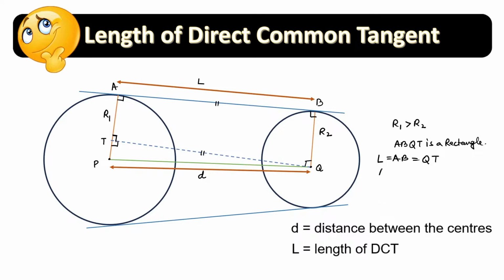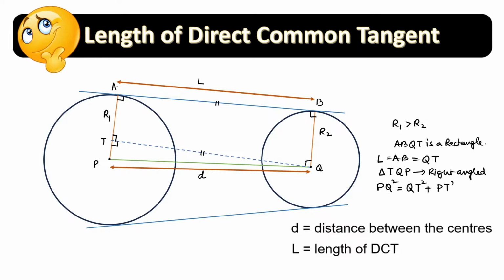Now, if we consider the triangle TQP, we can easily see that it is a right angle triangle, right angle at T. Therefore, by applying Pythagoras theorem, we can write PQ square, which is the hypotenuse, is the perpendicular square, that is QT square, plus the base square, that is PT square.